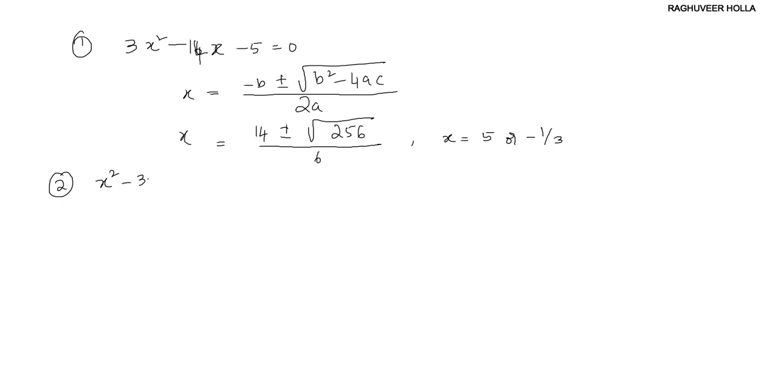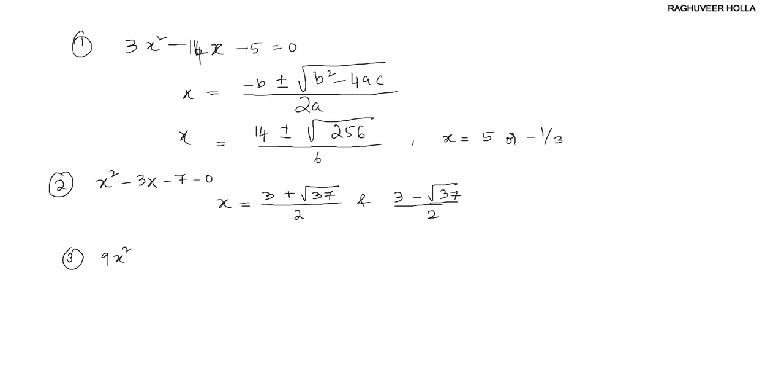Let us look at another example to study the nature of the roots of the quadratic equation. x squared minus 3x minus 7 is equal to 0. So the roots are given by x as 3 plus square root of 37 by 2 and 3 minus root 37 by 2.